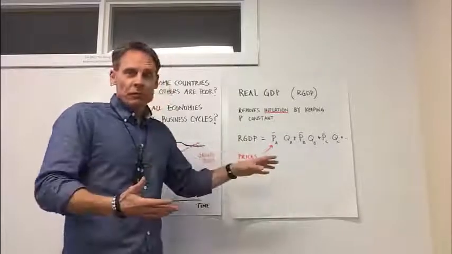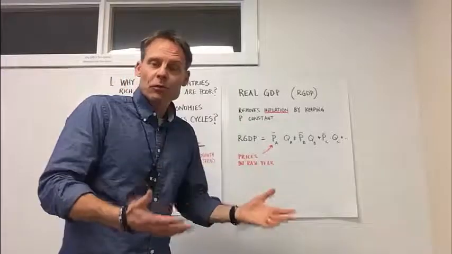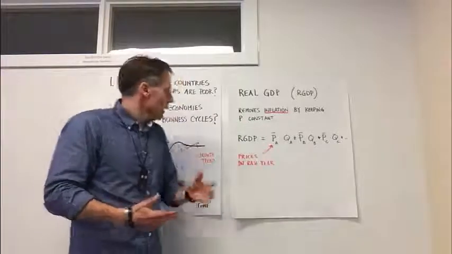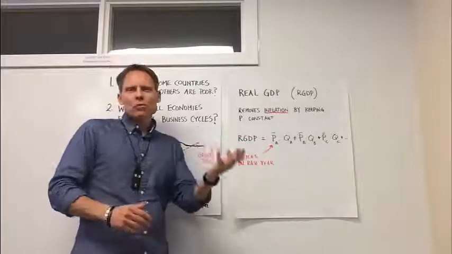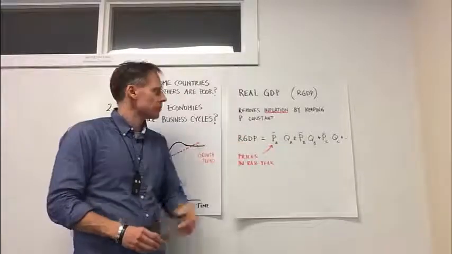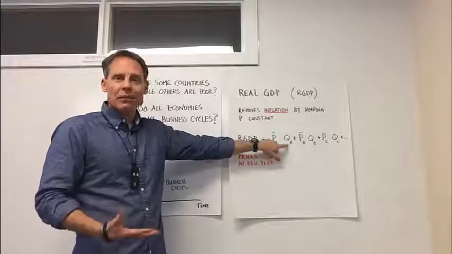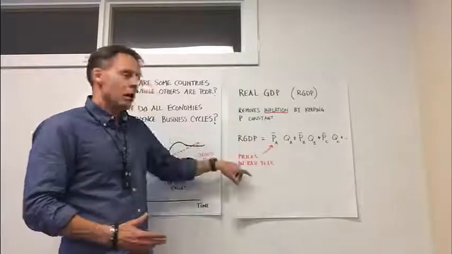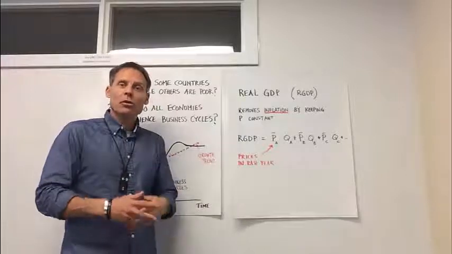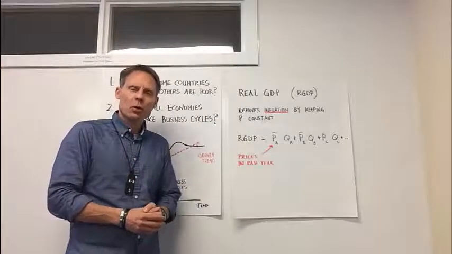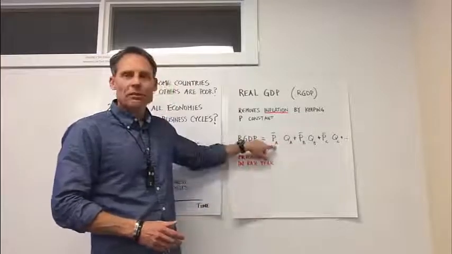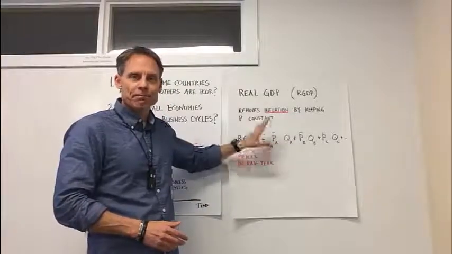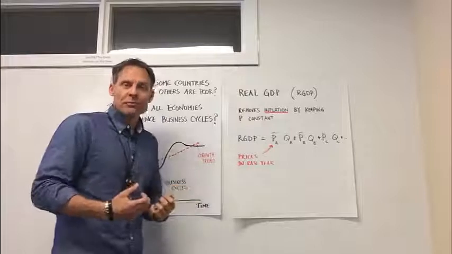So if your base year is 2010 and you want to calculate real GDP for 2011, you will use the 2010 prices, but the 2011 quantities. That way, you will have a measure that shows how quantities change while keeping the prices exactly the same. All right, so this one removes the inflation.